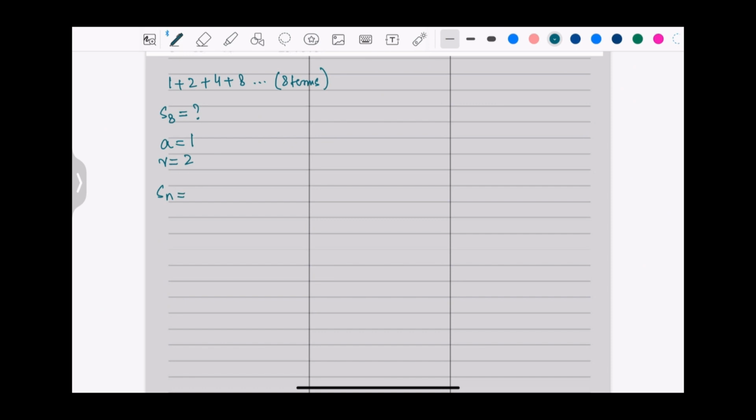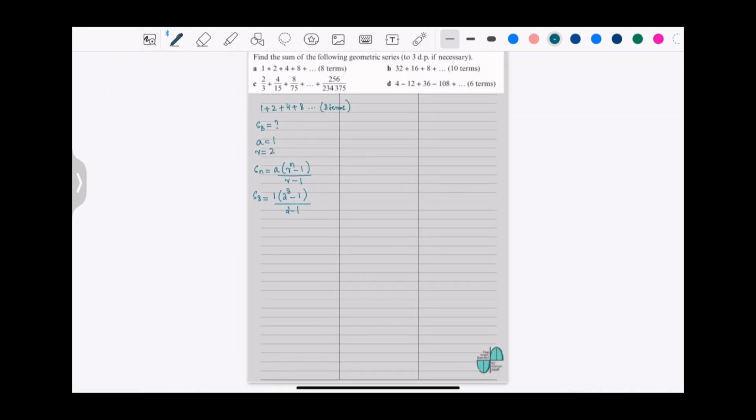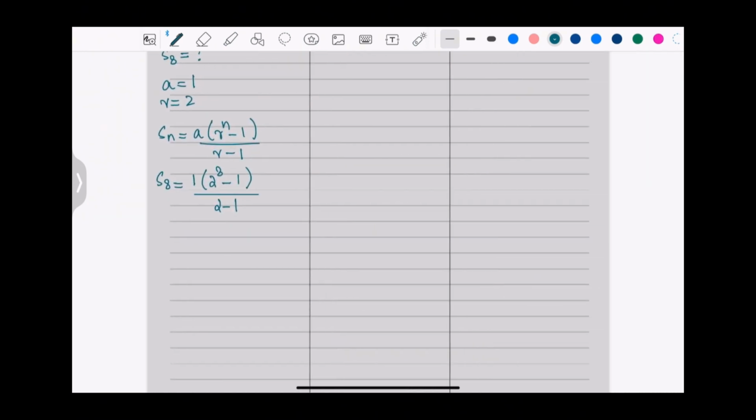Sn is equal to a times r to the power n minus 1 over r minus 1. S8 is equal to, replacing a with 1 and r as 2, 2 to the power of 8 minus 1 over 2 minus 1. Now 2 to the power of 8: 2 to the power 5 is 32, 6 is 64, then 128 and 256.